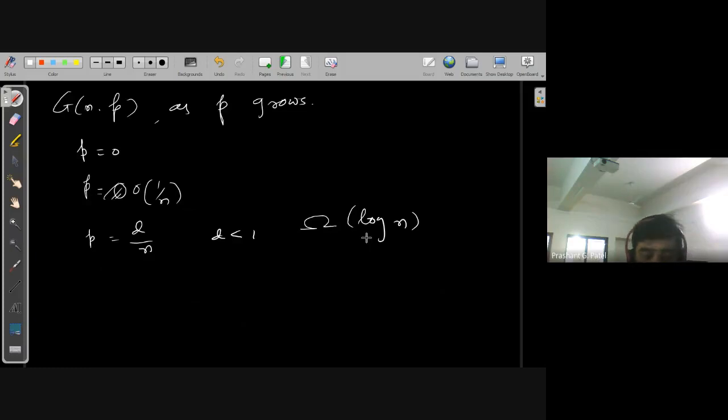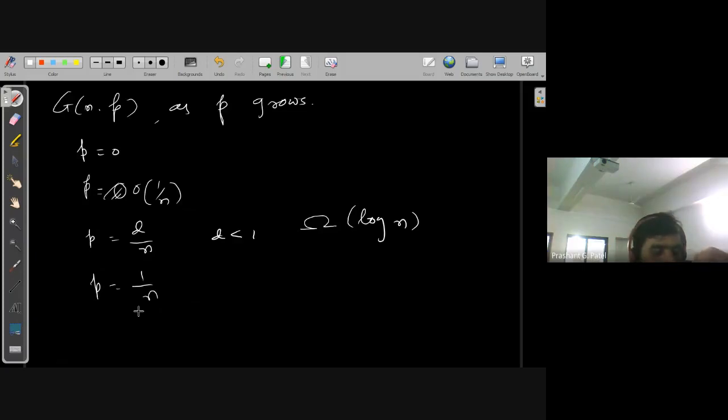And if p equals 1/n, a phase transition occurs when the giant component appears.